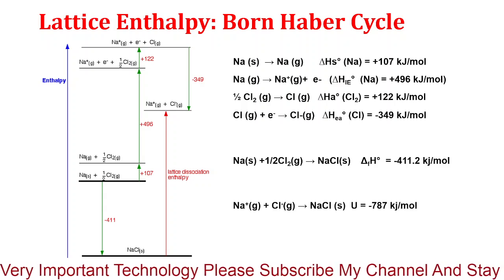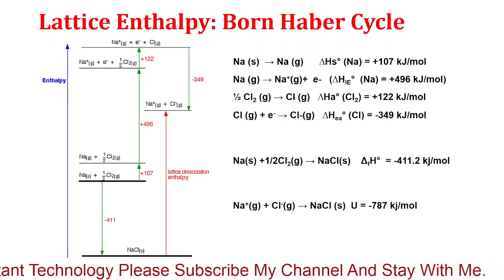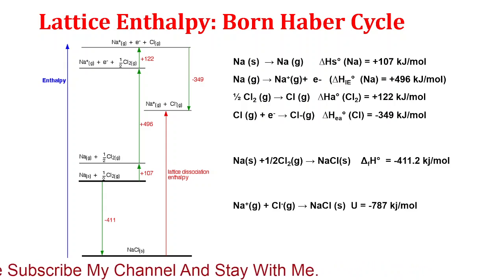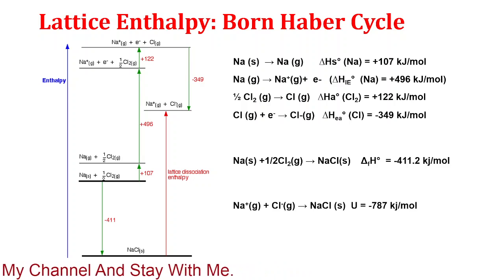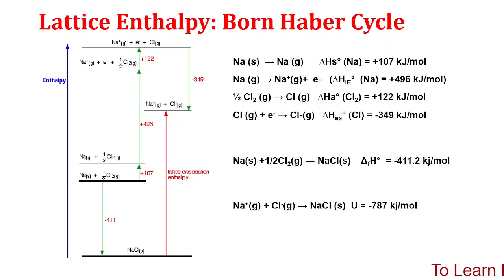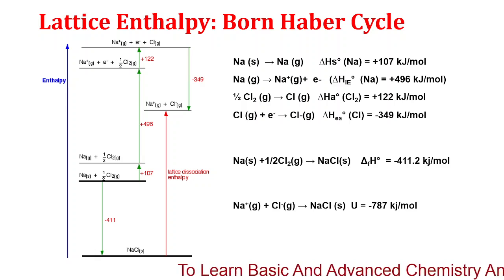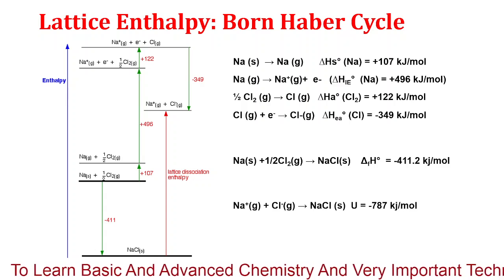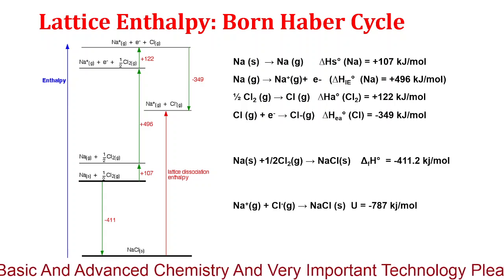And heat of combustion is even easier. It is how much energy is released when 1 mole of a substance is burned in oxygen. If you want to burn methane gas with oxygen, when 1 mole of methane is burning with oxygen, we will get carbon dioxide and water.